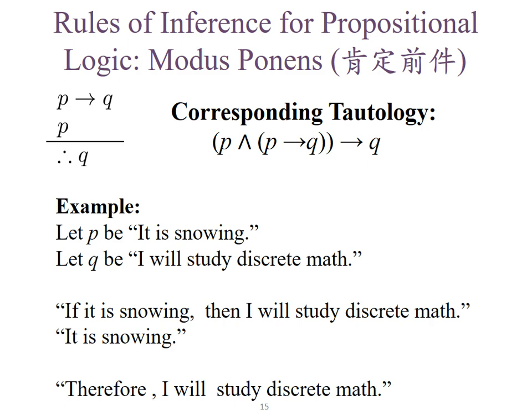So this is right. The rule is very easy because we have the conditional statement, and we are pretty sure if P then Q, and P is true, then Q is also true. So the name of the rule is modus ponens.